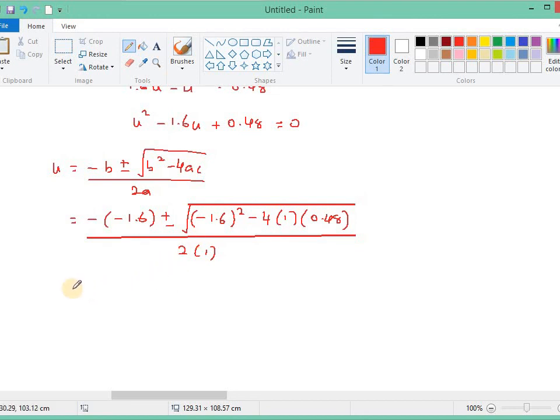So we should get 1.2 meter. Another one is 0.4 meter.